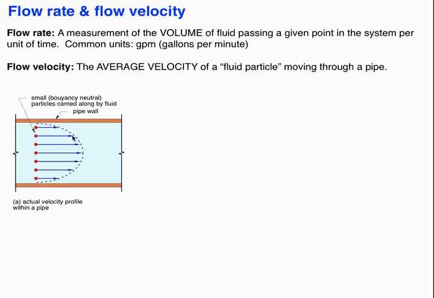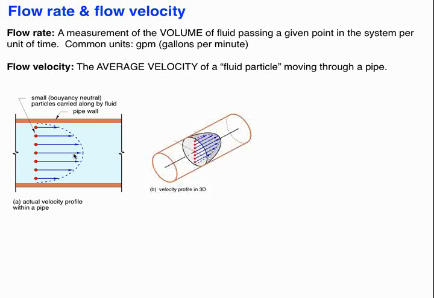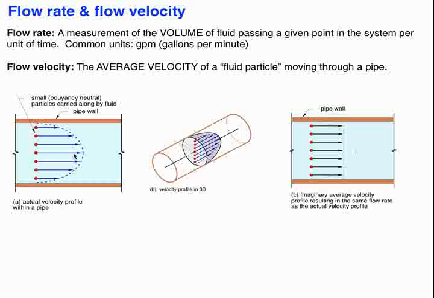So you might say, well, if all these particles, so to speak, and these could represent molecules of fluid, if they're all moving at different flow velocities, how can we state a number? Well, we have to average it. Okay, and over here on the right, if we could imagine that all these fluid particles or molecules of fluid are moving at the same velocity, or let's state it this way, they're moving at a velocity so that in a given amount of time, the same amount of fluid will pass a given point in the piping system as would actually be the case when they're all moving at different velocities.